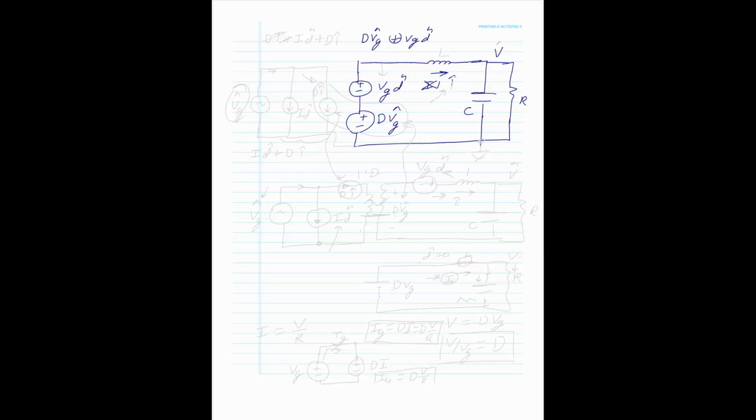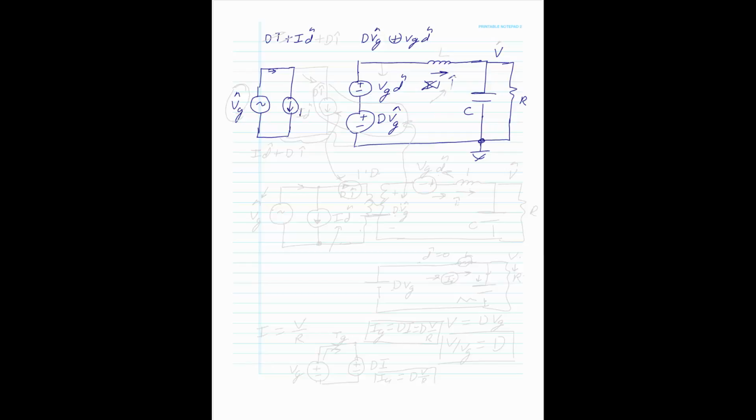Now how about this input section? What about these current sources? Well, we have a D I hat and we have an I D hat. That's right on the input source. And again, we're only interested in the AC VG hat. The DC goes to 0. So when you do an AC analysis, you short out your DC sources. That's why the DC doesn't appear. So now what do we have? We have two current sources, and the current sources go into the switch this way, so that's why it's down.